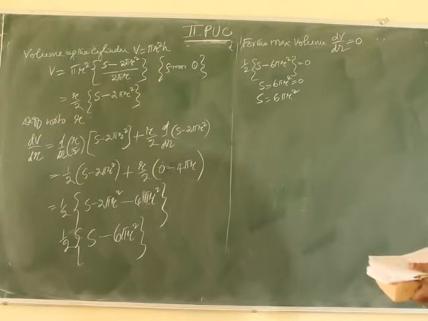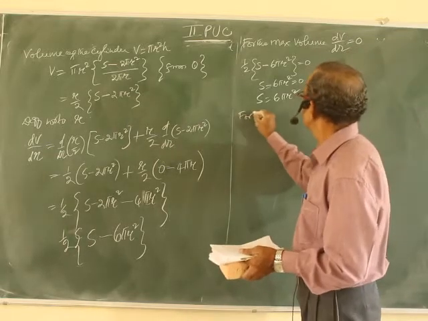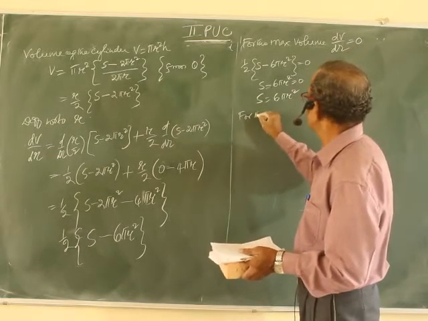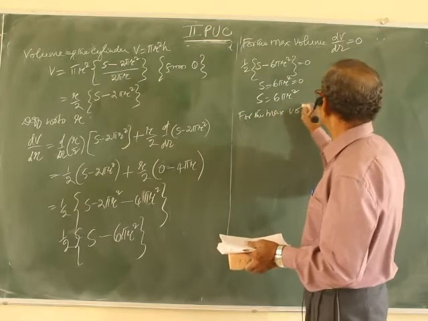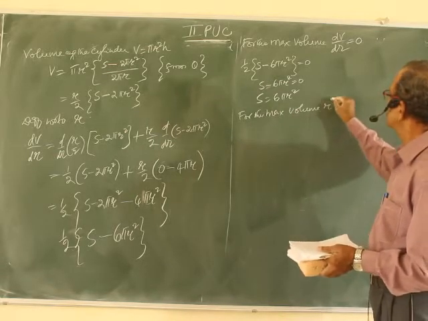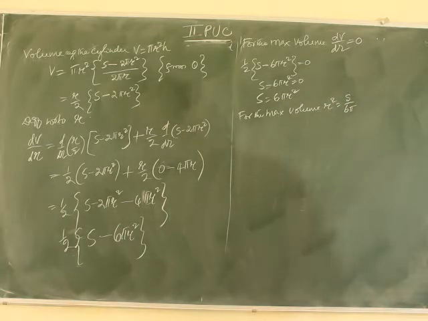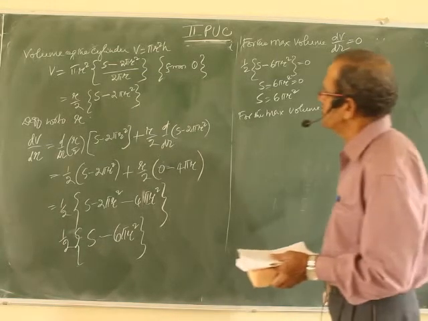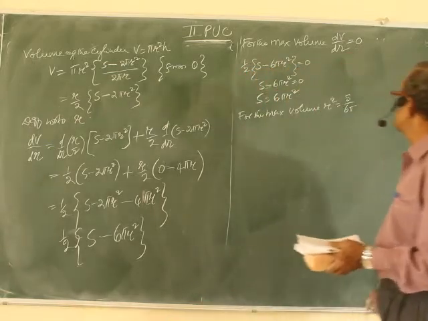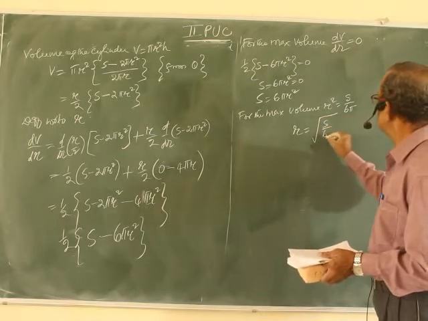Put the value in for the maximum volume. r square should be equal to S by 6 pi. r square should be equal to S by 6 pi. Or r equal to root S by 6 pi.